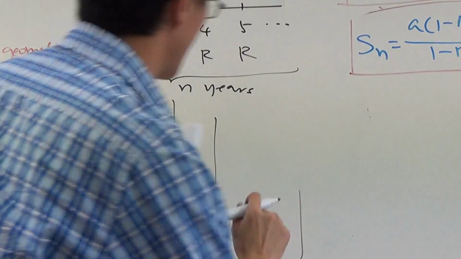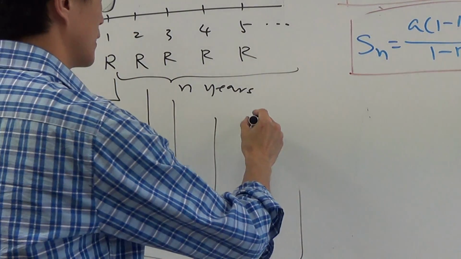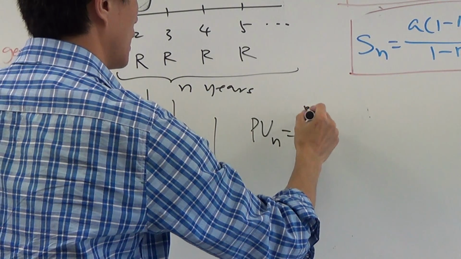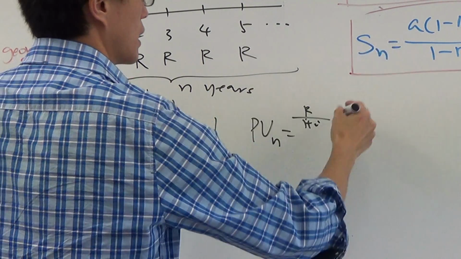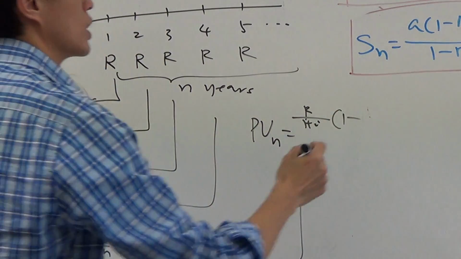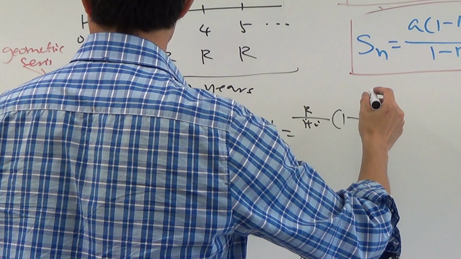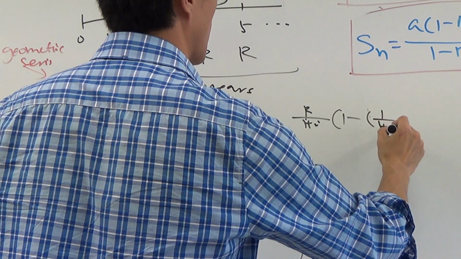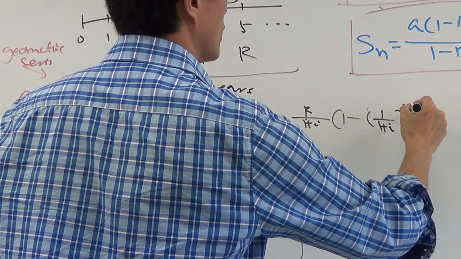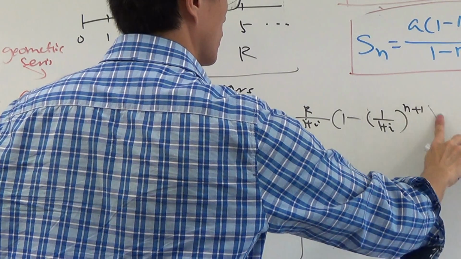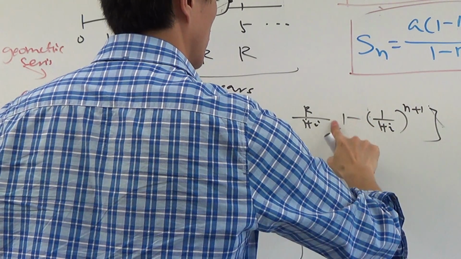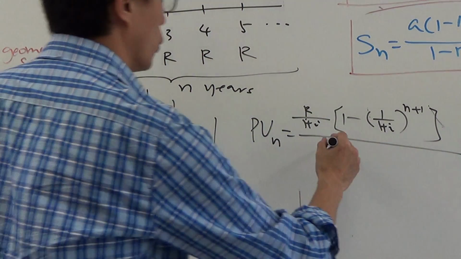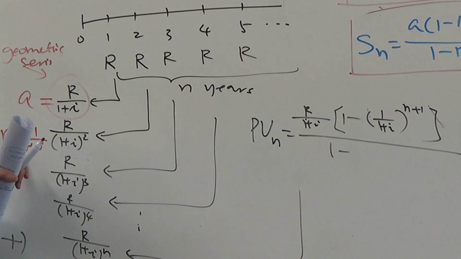So the present value of this annuity: the first term is R over 1 plus I, times 1 minus the common ratio to the power n, which is 1 over (1 plus I) to the power n, divided by 1 minus the common ratio. The common ratio is 1 over 1 plus I.